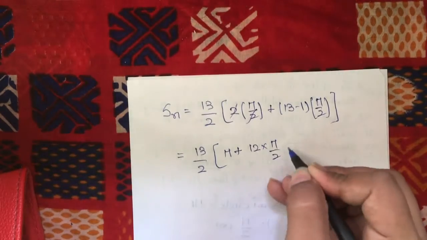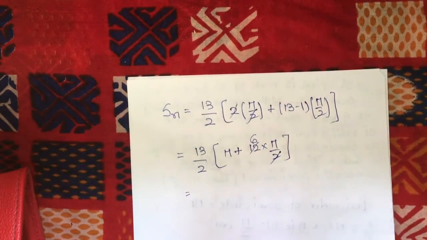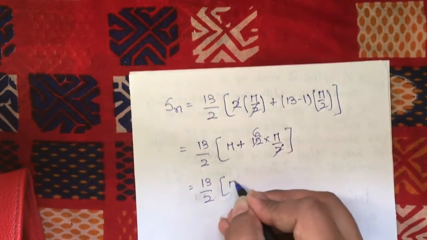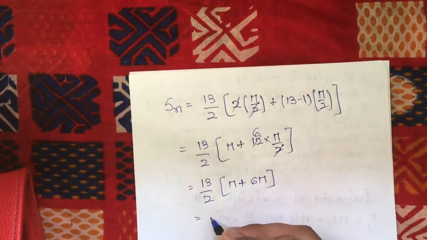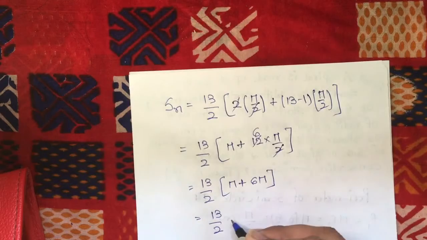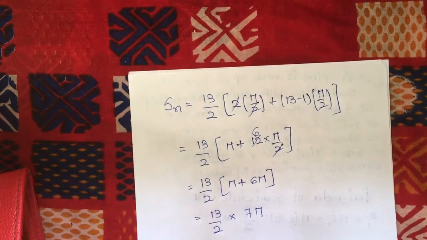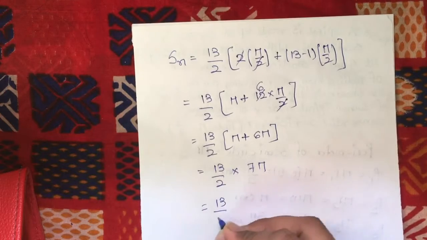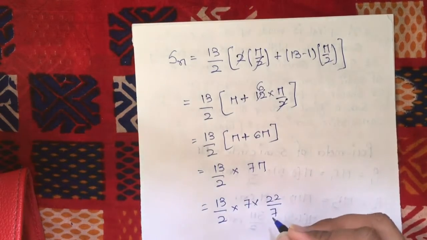How much will this be? 12 by 2 is 6, so we are having 13 divided by 2 into 7 pi. This is pi plus 6 pi, so pi plus 6 pi will be 7 pi. So 13 divided by 2 into 7 pi, and what is the value of pi here? We are having 22 by 7. Okay, so we can put it, that is 13 divided by 2 into 7 into 22 divided by 7.